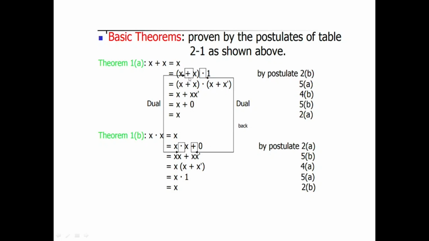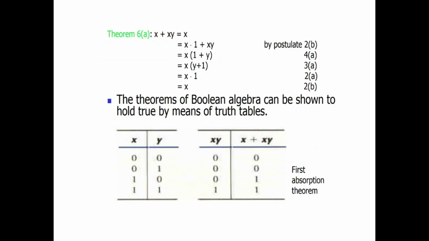The opposite of theorem 1a is 1b. So what is the duality principle? Plus is changed as dot, and dot is changed as plus. 1 is changed as 0, 0 is changed as 1. So with the help of the duality principle, we can prove the theorem very easily.